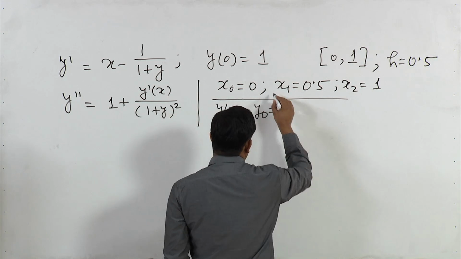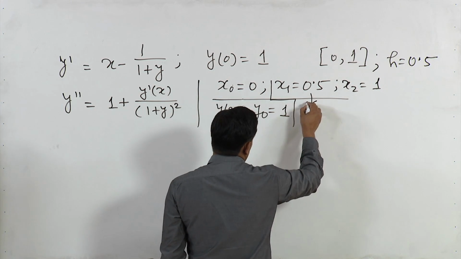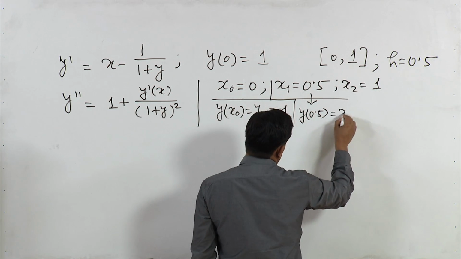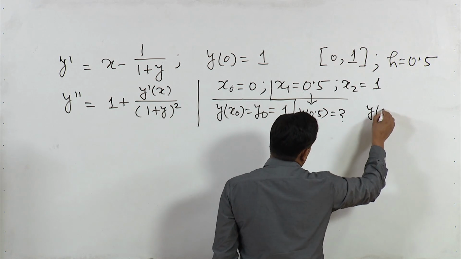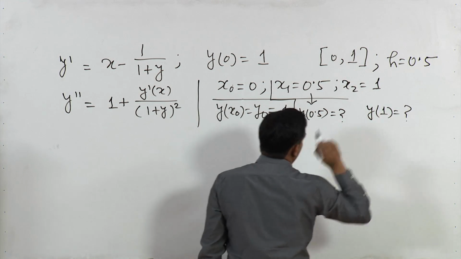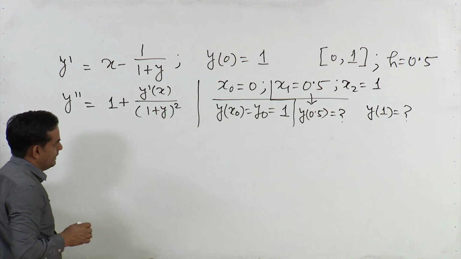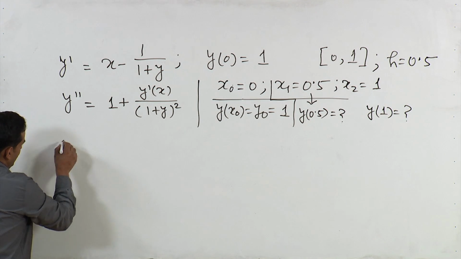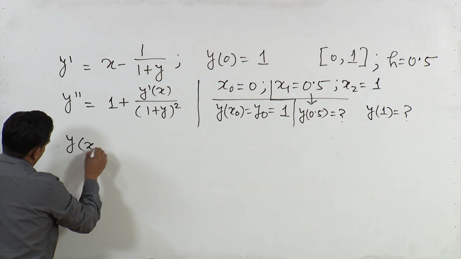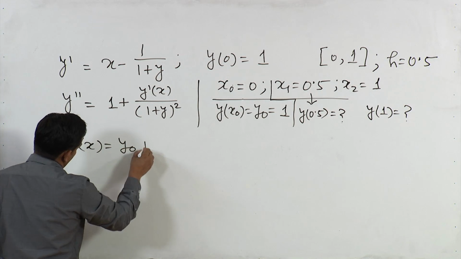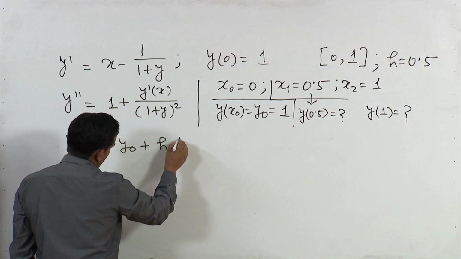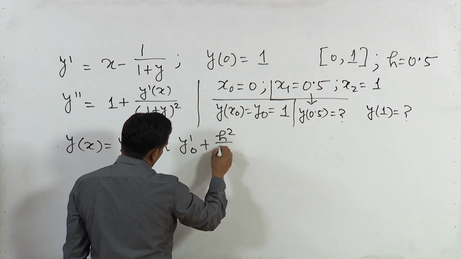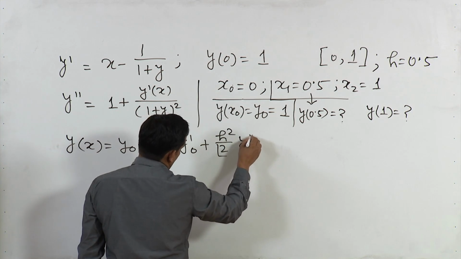Now, I need to calculate y at 0.5 and y at 1 using the quadratic Taylor method. So, for doing this, I will write that y x equals y0 plus h times y prime 0 plus h square by 2 y double prime 0.